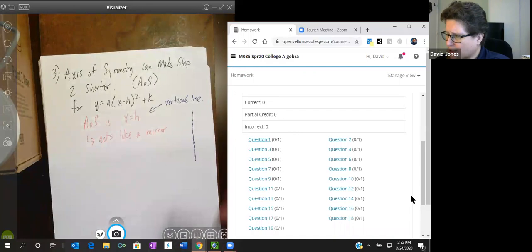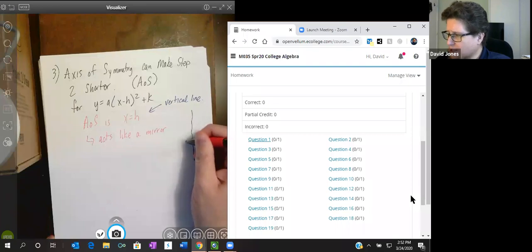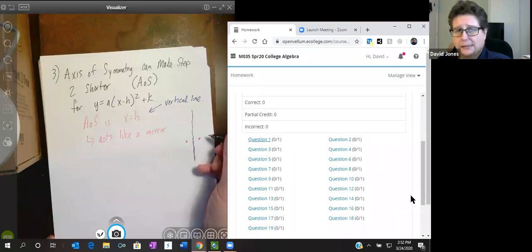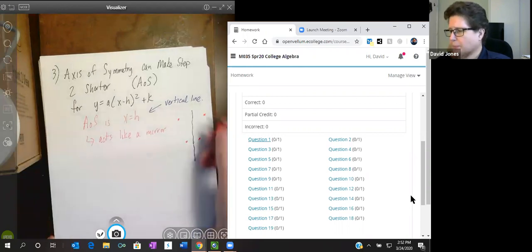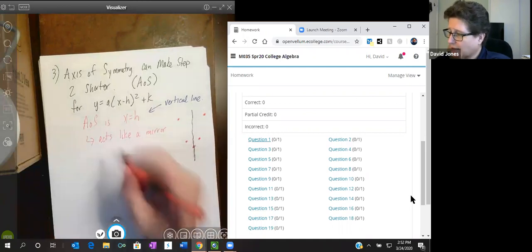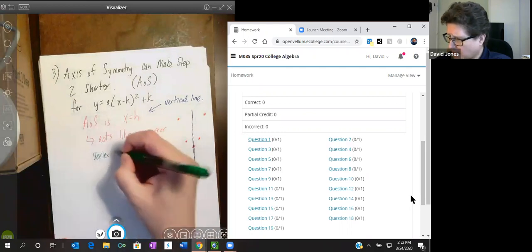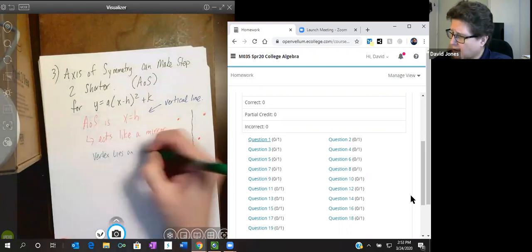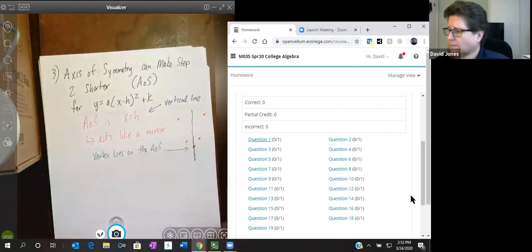And so if a dot appears on the right of the line, a dot's going to be the exact same distance on the other side. Vertex is always going to lie on it. The AOS, it's right there.